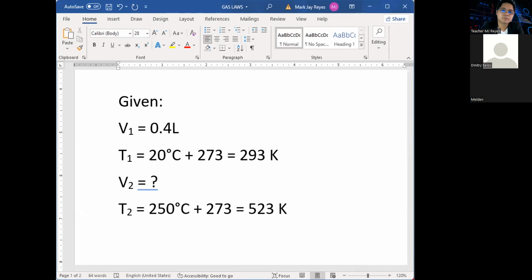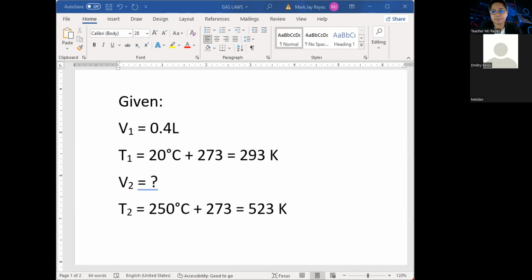Again, where did we get the 273? This is actually discussed when you were still in grade 6. This is the conversion factor. This is constant wherever you go. The 273 is always linked with Kelvin. So if you're going to convert degrees Celsius into Kelvin, you add 273 in order to be converted into degrees Kelvin.